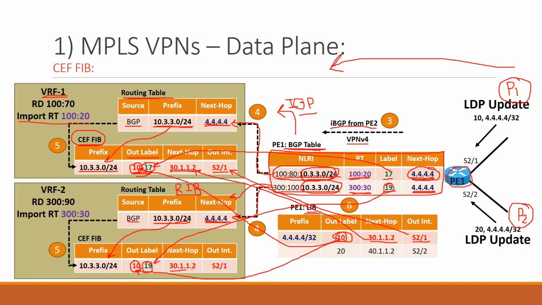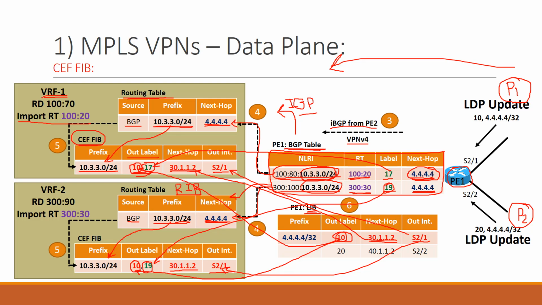The next hop came from the label information base as it advertised the best label, and the output interface as well will be P1 out of serial 2/1.